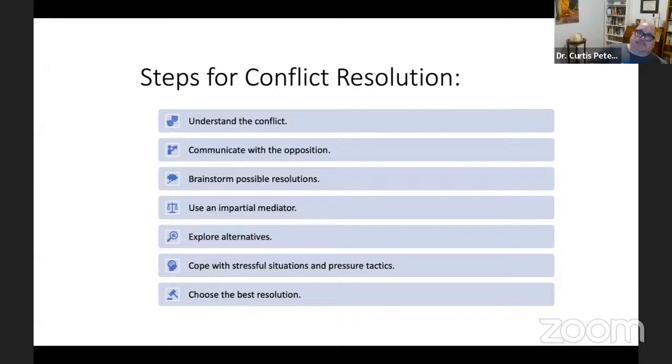If you've ever seen or been involved in things like traffic accidents or domestic violence calls, the first thing police officers do when they come to a scene is take the two primary people in the conflict, and officer one goes with one, officer two goes with the other.